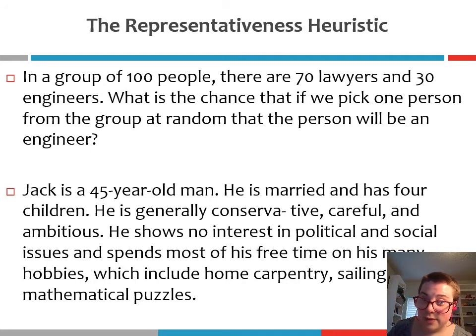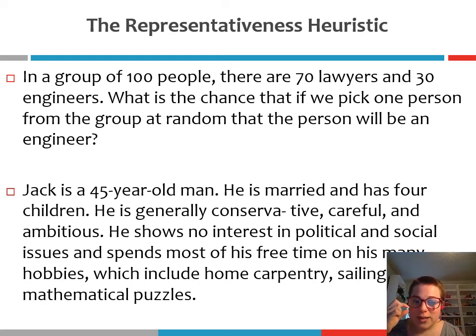However, another group of participants was given the same base rate information, but they were also given this description. This description says Jack is a 45-year-old man. He is married and has 4 children. He is generally conservative and careful and ambitious.